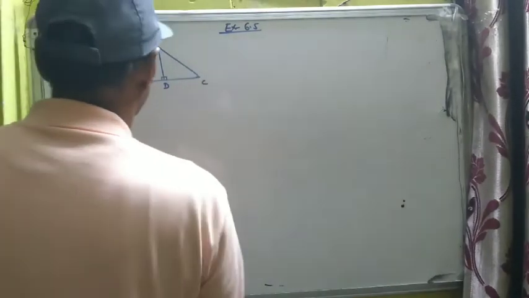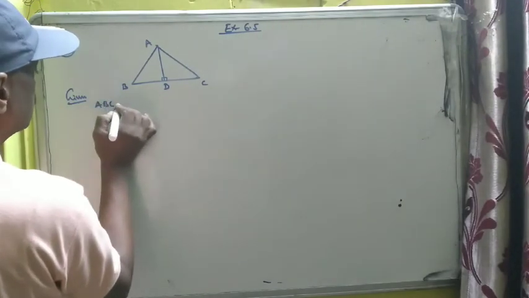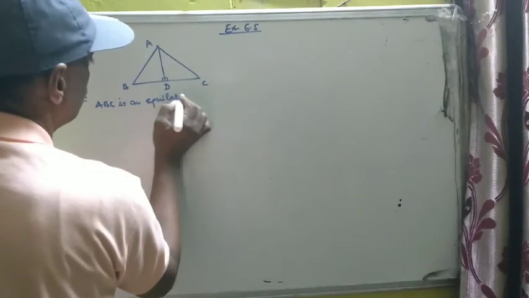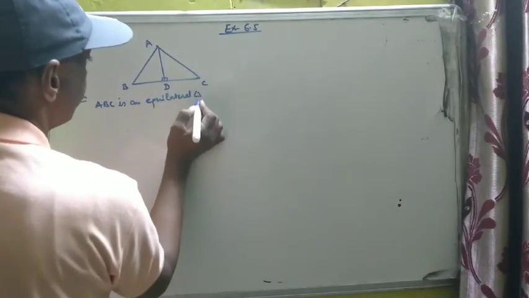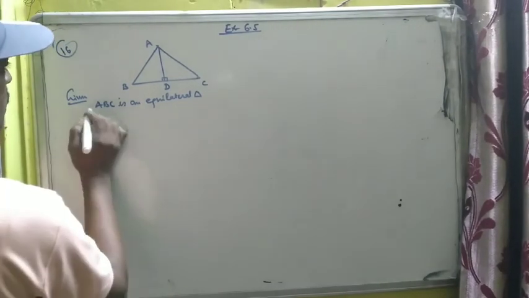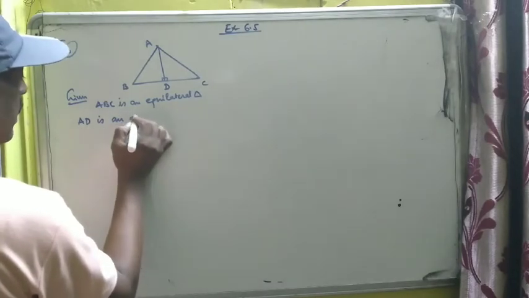This is D. So given, ABC is an equilateral triangle, and to prove, also just take AD is an altitude.